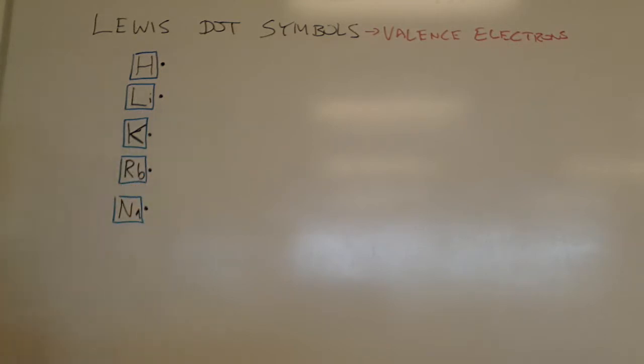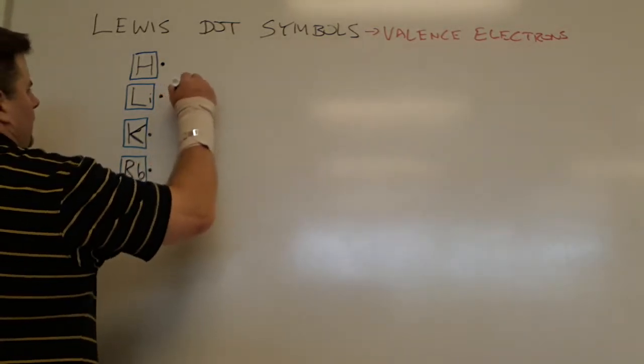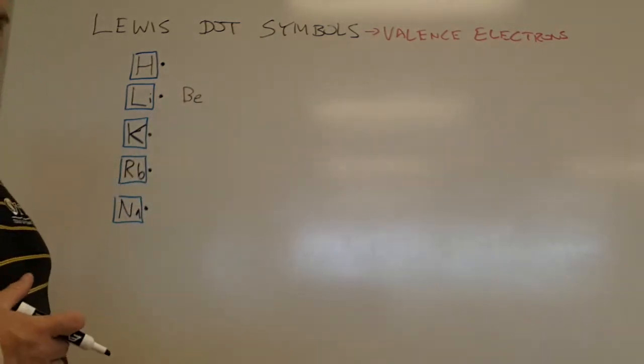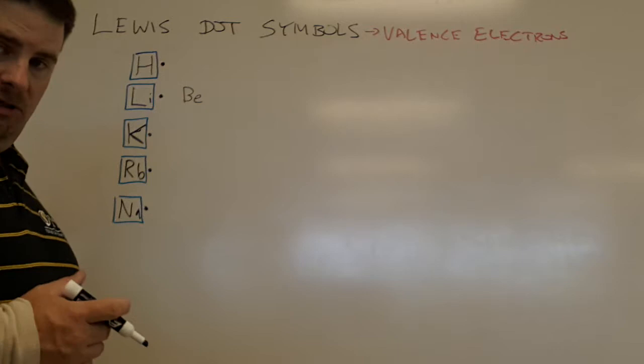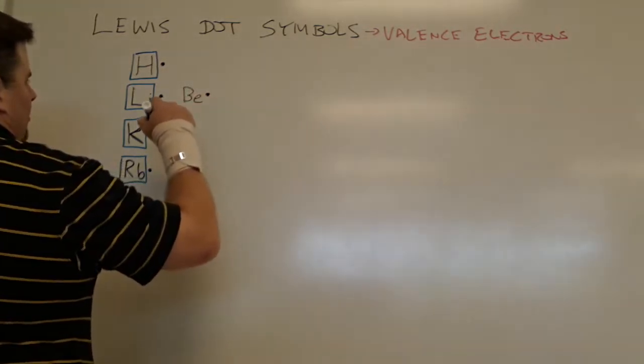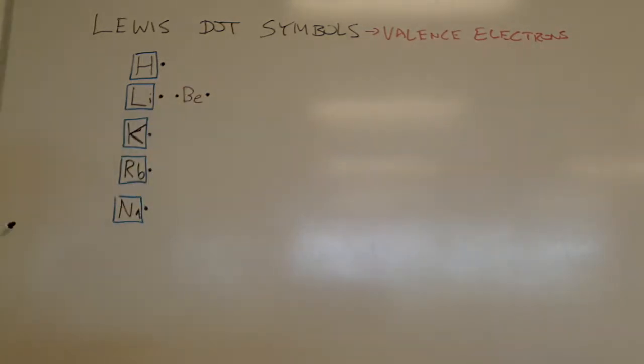Now if I move on and go to, say, beryllium, how many valence electrons does beryllium have? It's got 2. That's right. So the way I represent it is I've got to have a symmetrical side to beryllium.